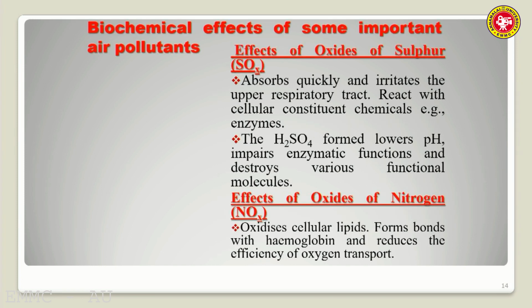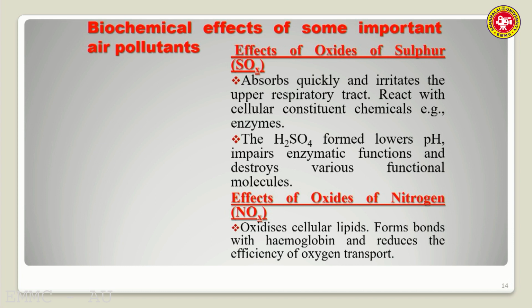Biochemical effects of some important air pollutants. First, sulfur oxides. They are absorbed quickly and irritate the upper respiratory tract, and react with cellular constituents such as enzymes, and the sulfuric acid formed, with its low pH, impairs enzymatic functions and destroys various functional molecules. Next, effect of nitrogen oxides.